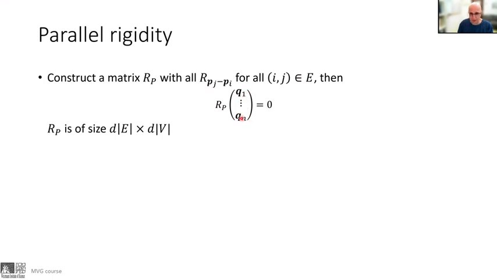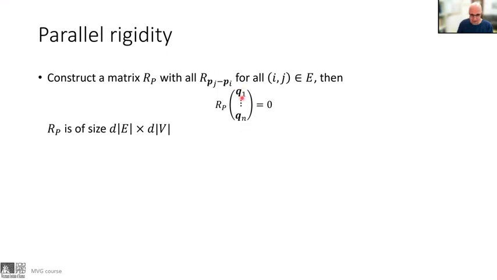If Q1 to Qn are indeed parallel to P1 to Pn, then this product is 0. Now we can look at R_P and see what size it has. Each point in the vector Q1 to Qn is d-dimensional, for example in R2 or R3.